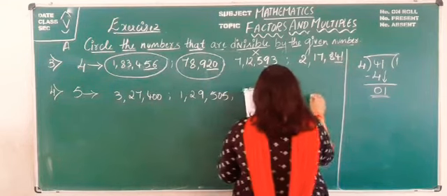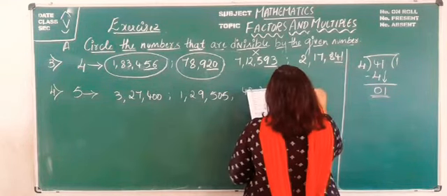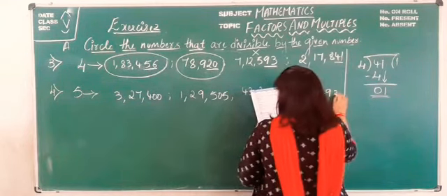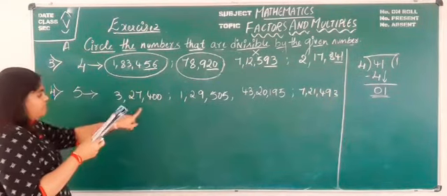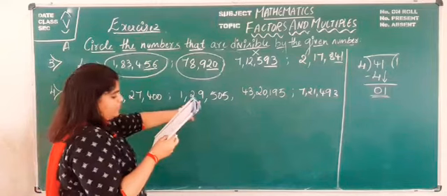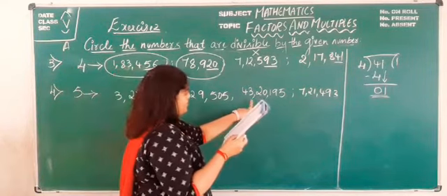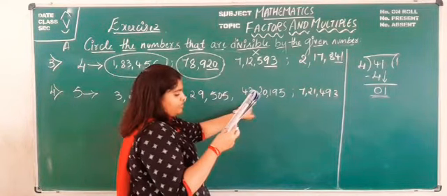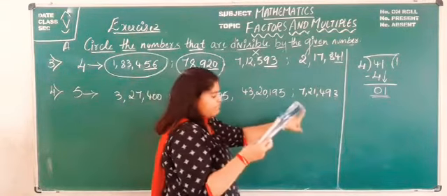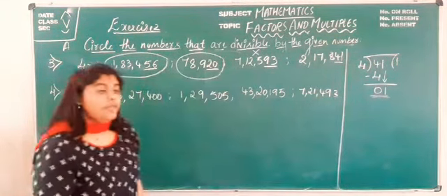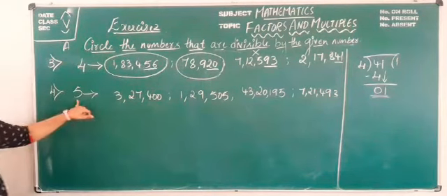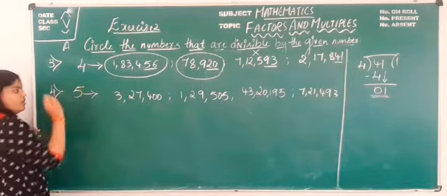Next we have 7,21,490. So 3,27,400. Then we have 1,29,505. Next 43,20,195. Next we have 7,21,490. So now we have to check whether the given number is divisible by 5 or not.